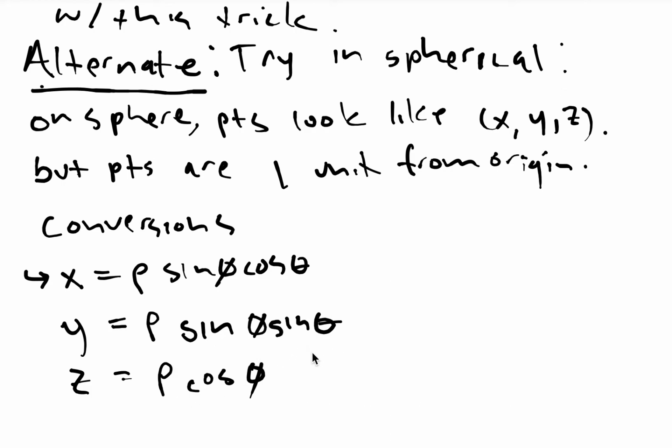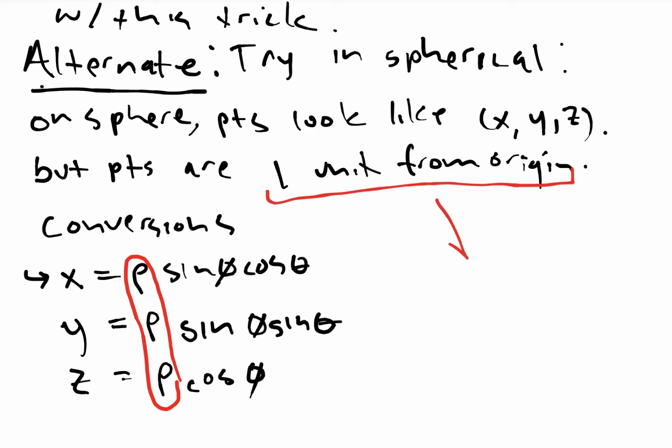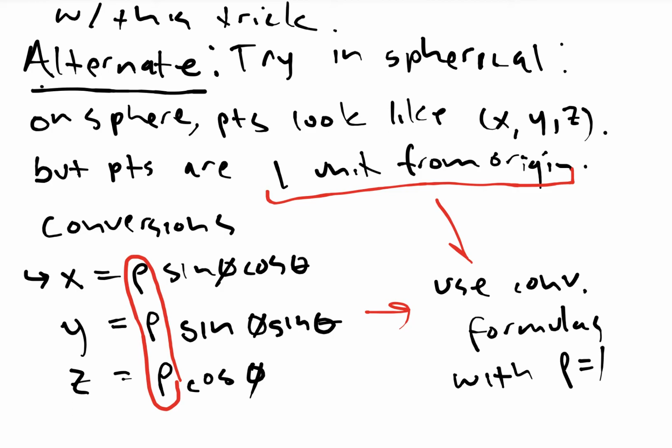If I'm doing a parameterization, I want to cut this down to just 2. A trick that I can use to represent the sphere is, since I said that I wanted all of my points to be 1 unit away from the origin, I really want my rho, which is my distance from the origin, to be 1. So I'm just going to use my conversion formulas with rho equals 1 subbed in.